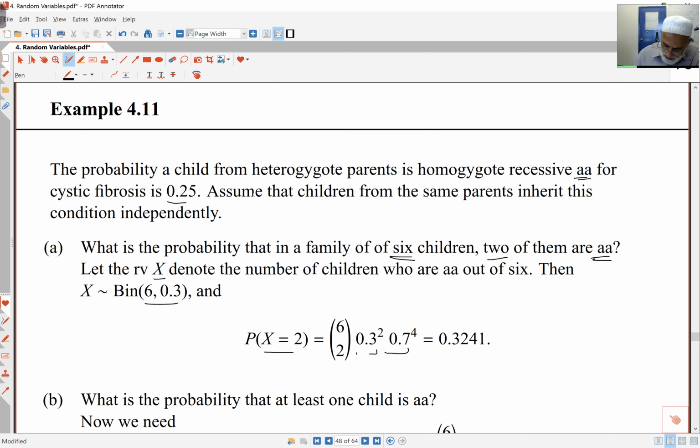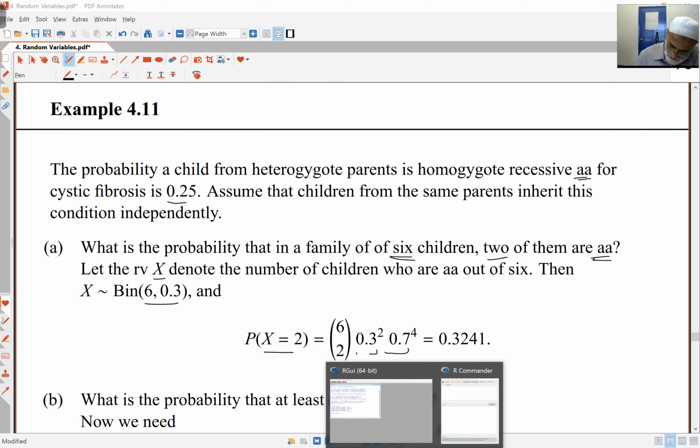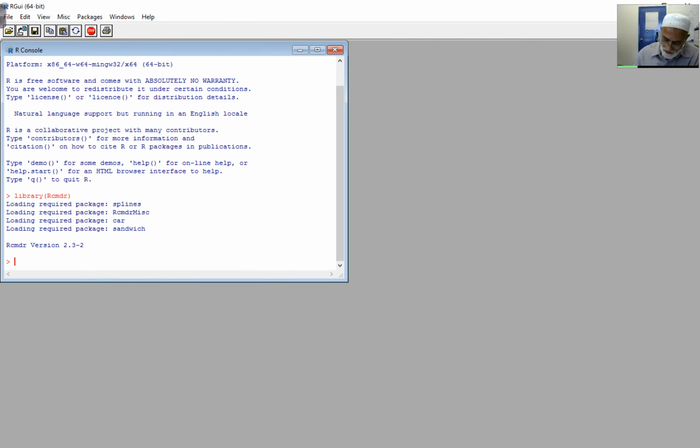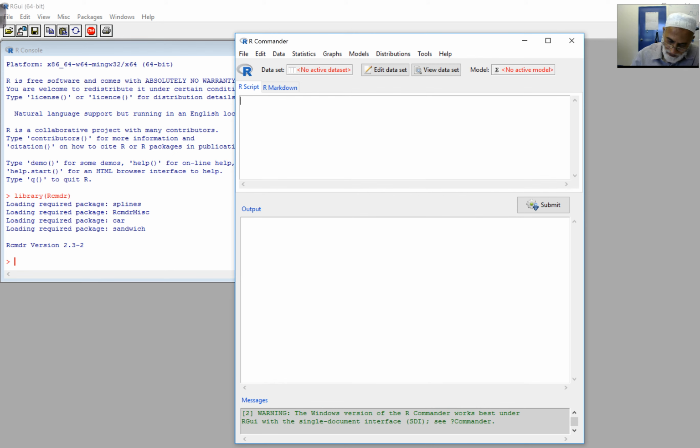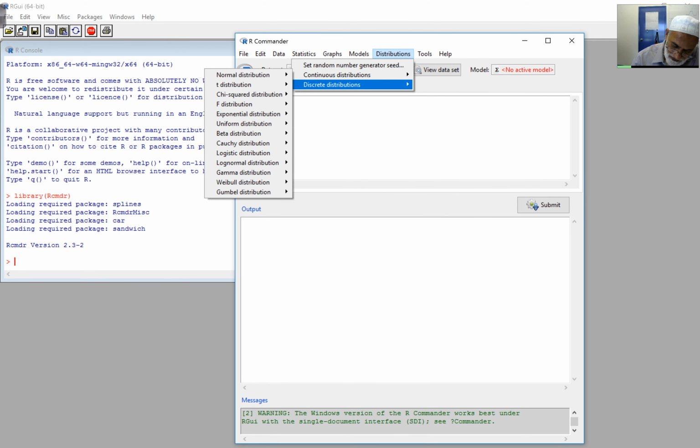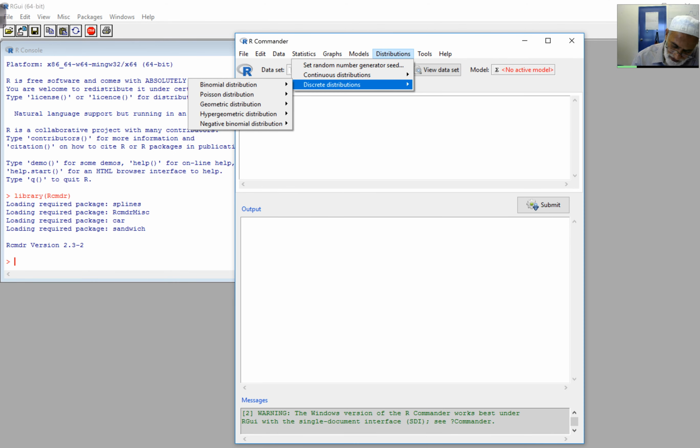Now, I can use R for this calculation, so let me do that. Here's my R command all ready to go. If you look under distributions, you'll find continuous and discrete. We'll go discrete, and here I've got binomial distribution. And here it says quantiles, probabilities, tail probabilities.